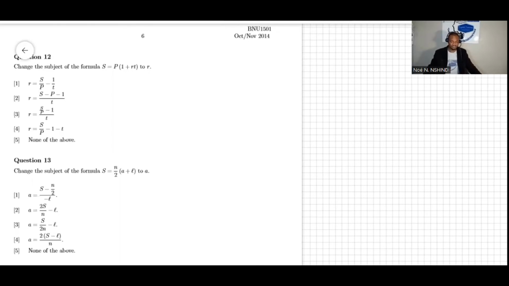I am going to write it over here: S equal to P open bracket 1 plus RT. So we need to get R.